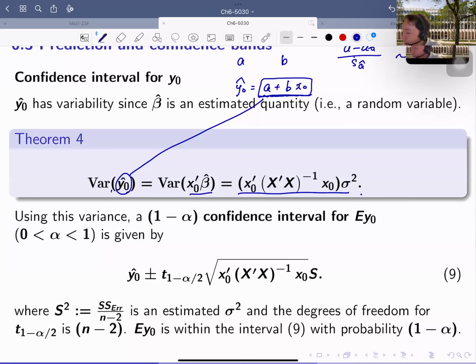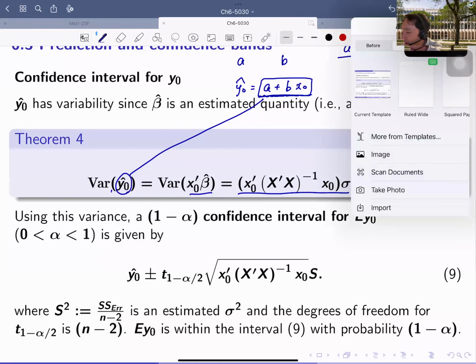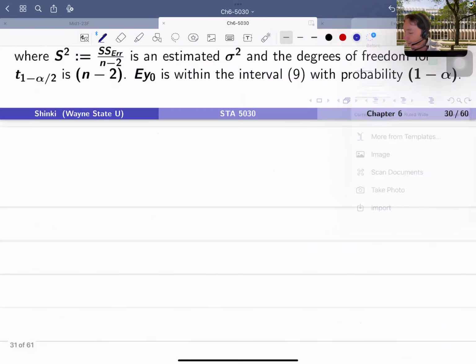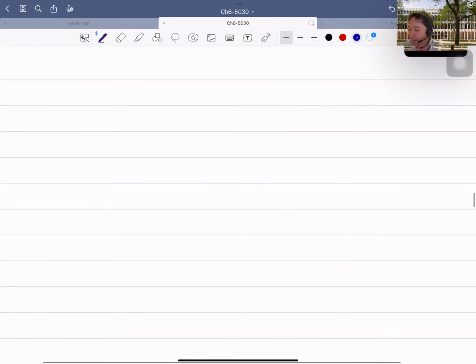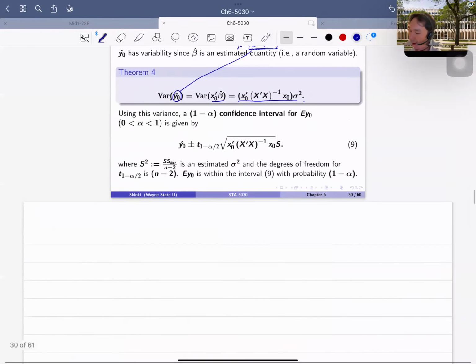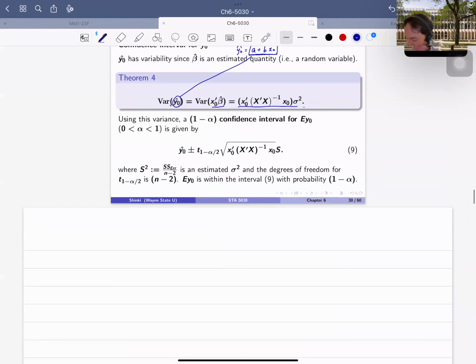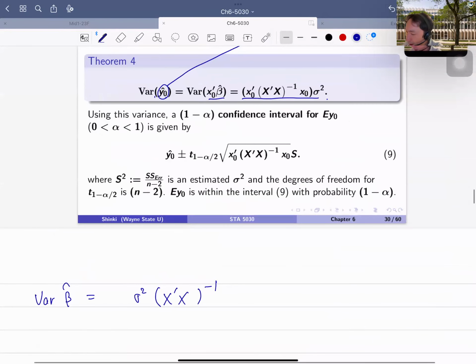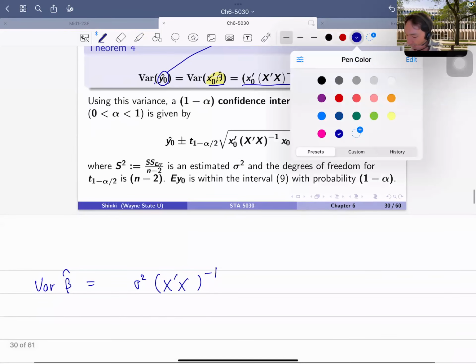Why? I can give you some reasoning. Basically we have the variance of beta hat, right? The variance of beta hat is given by sigma squared times X transpose X inverse. The variance of X naught transpose times beta hat is also calculated using this.